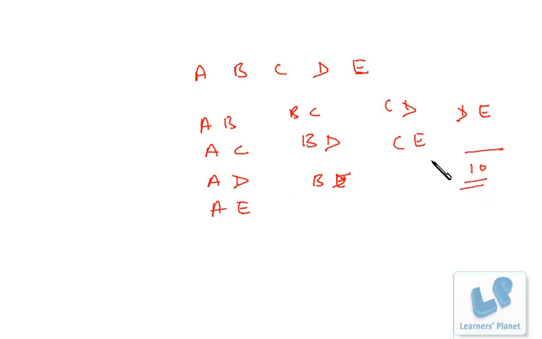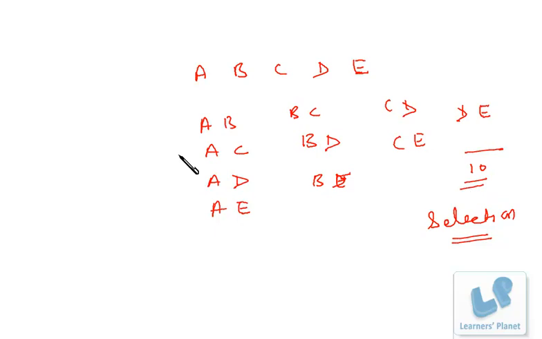That means I'm selecting 2 persons out of these 5 people, so I'm getting 10 combinations of 2 persons, right? So this is what I did, selection only. Now I selected 2 people out of these 5 people. So I got 10 ways to do that.